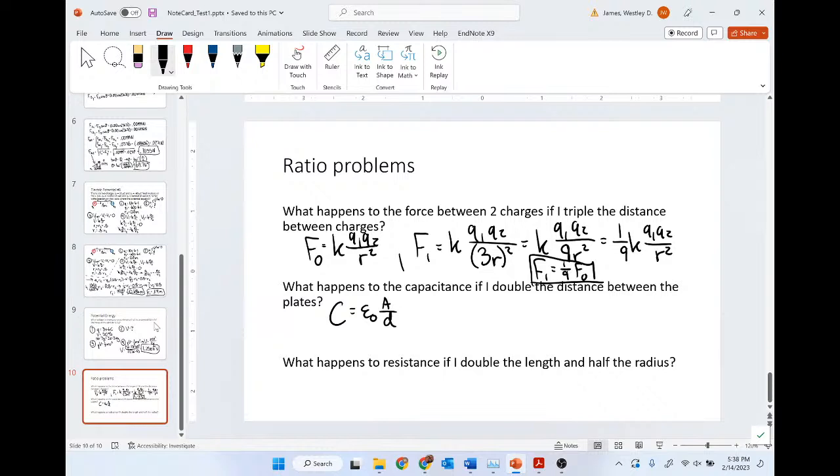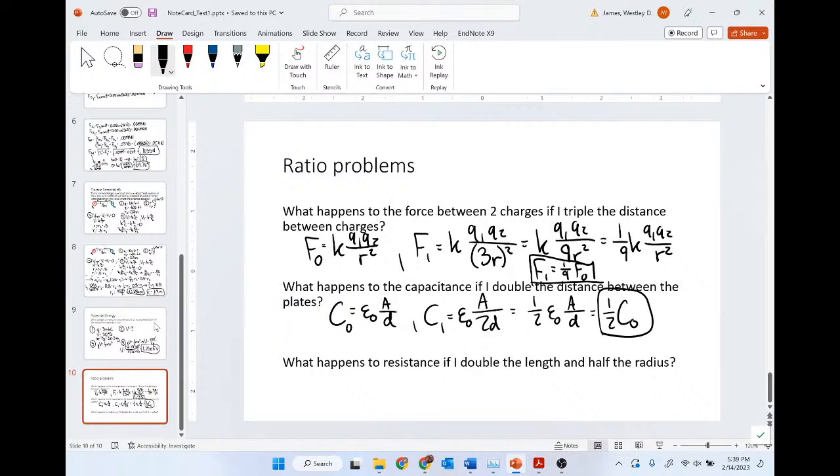So that's my original. What's my new one? What's changing here? Area is the same, distance is doubling. You just pull that to the front, same thing. It's on the bottom, stays on the bottom. Equals 1/2 epsilon naught A over D. Boom, it's half the original.